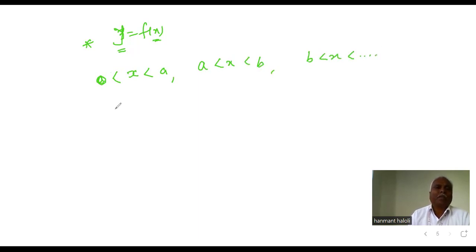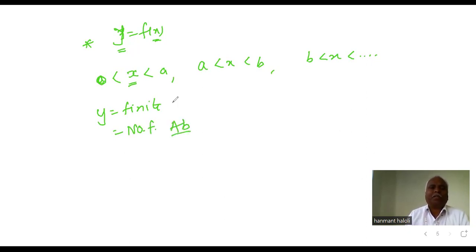By putting any value of x between a and b, check whether the value of y is finite or infinite. No finite value means the curve is absent here, and the curve is present here. Between a and b you take any point, suppose x equal to 3a upon 2, meaning above a and below b. You take any value of x.